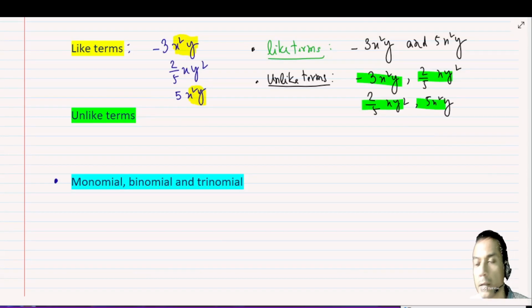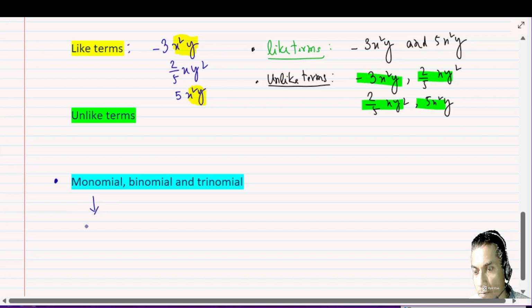Next we learn that based on the number of terms, algebraic expressions can be classified as monomial, binomial and trinomial. If the algebraic expression has only one term, then it is called a monomial.